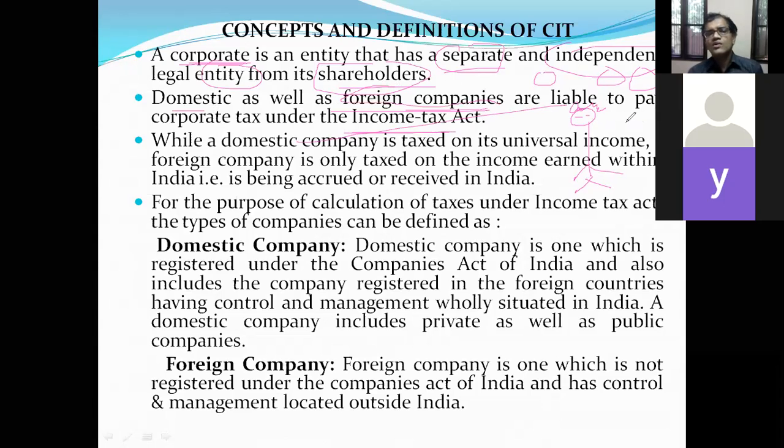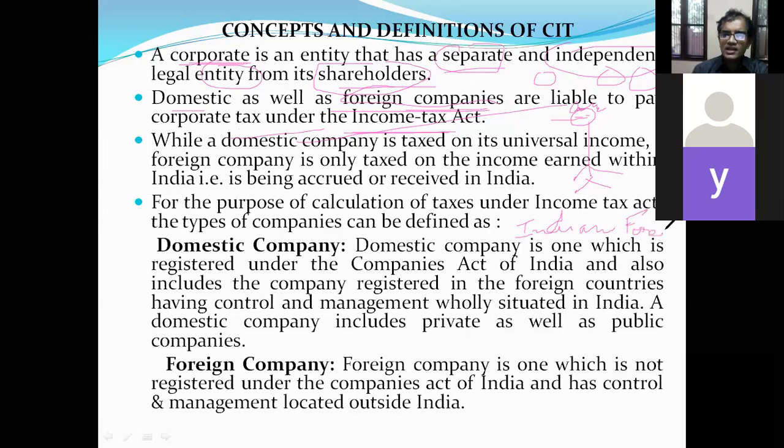Okay. So as per the Income Tax Act pertaining to India, Indian companies as well as foreign companies are liable to pay corporate tax to income tax authorities. Now you see, for this purpose, incomes are divided into two categories: Indian income and foreign income.